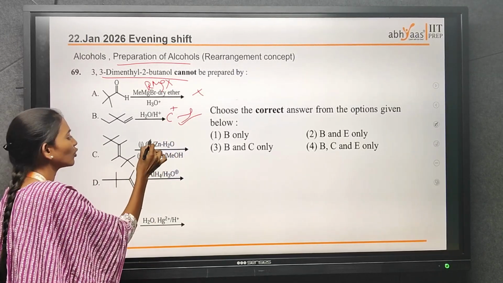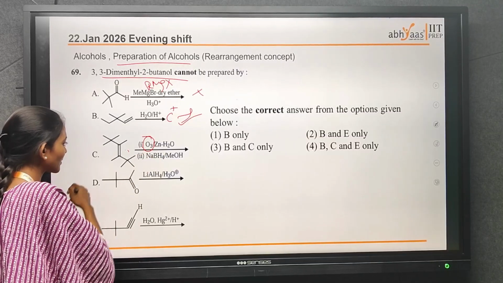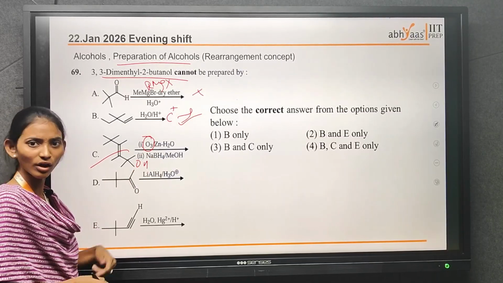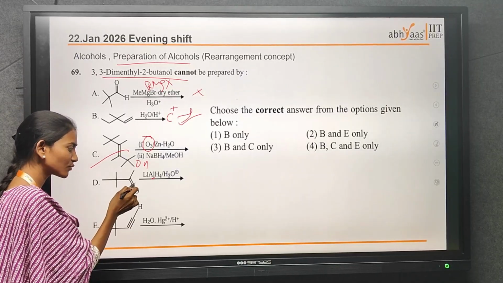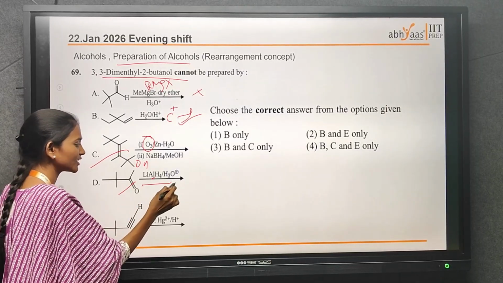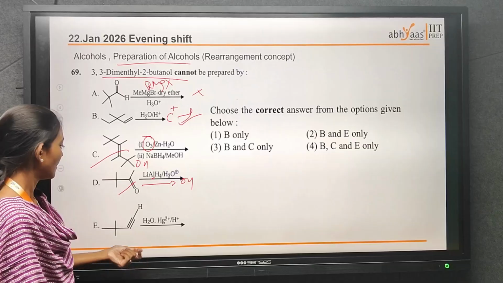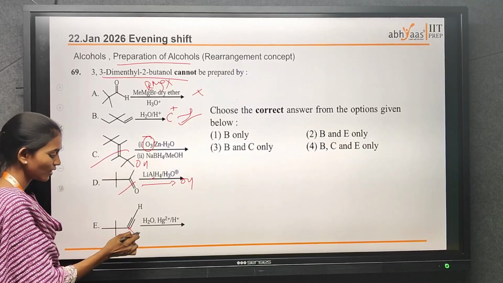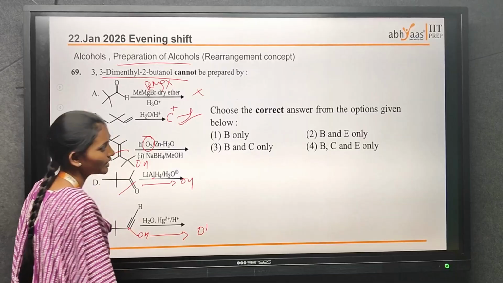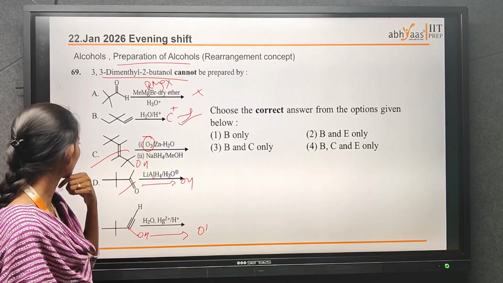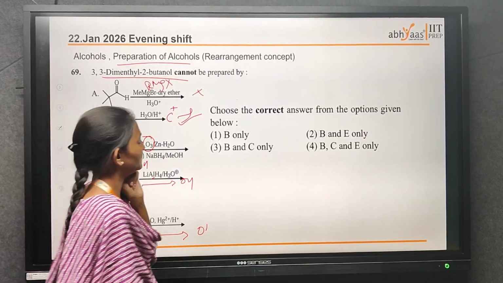And moving on to ozonolysis, O3 breaks this double bond and adds OH, converting into alcohol, it will be possible. And lithium aluminum hydride, so this bond will break and convert into OH. So here itself it is false. Coming to this case, when you are using hydrolysis, then it will convert into ketone, right? So the correct answer in this case will be B and E.